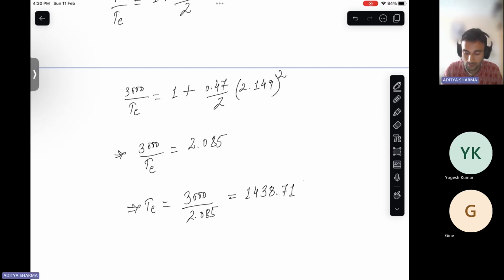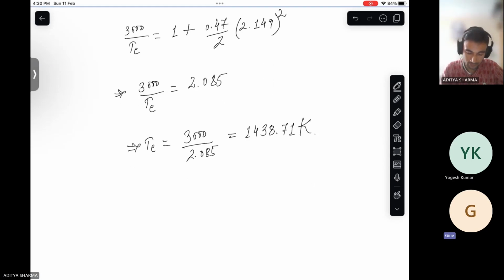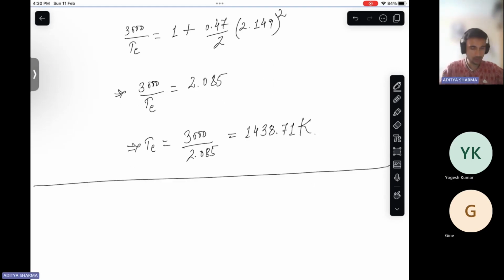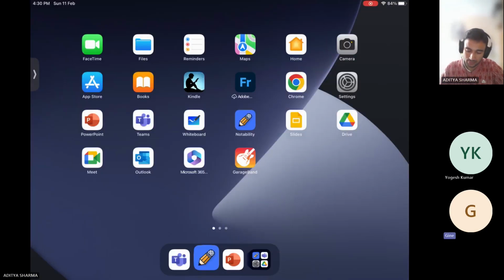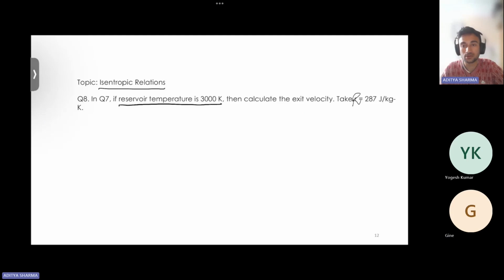Just confirm if you guys are also getting the same. Yes, 1436. Okay, and what is Yogesh getting? Same. Same, right? So till this point, we are clear, right? Yes.